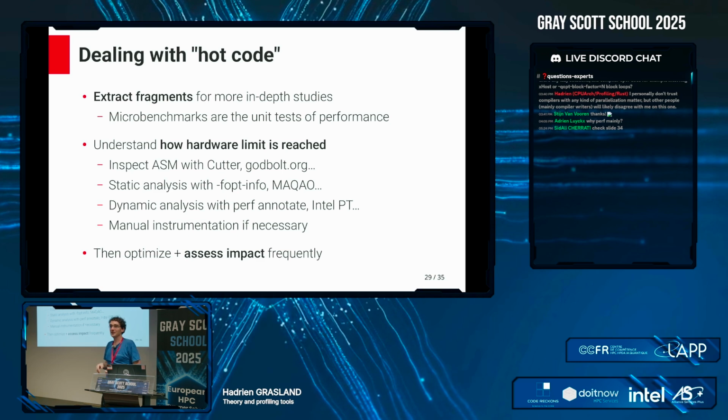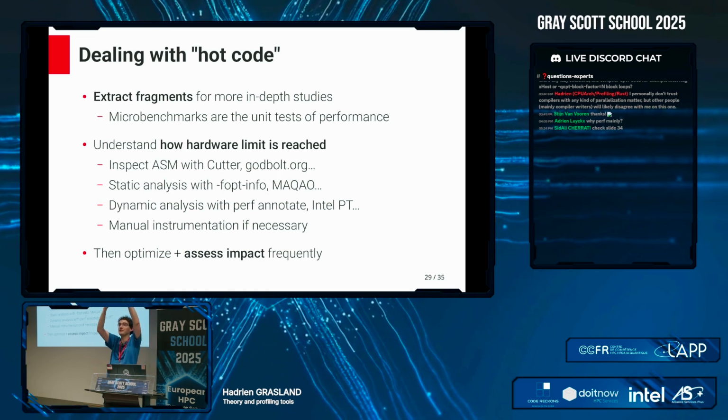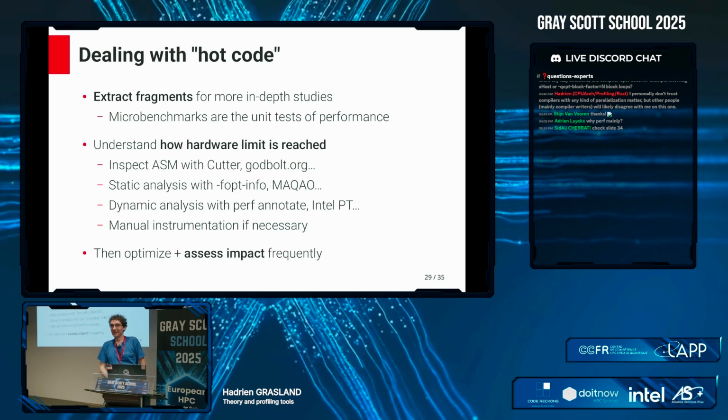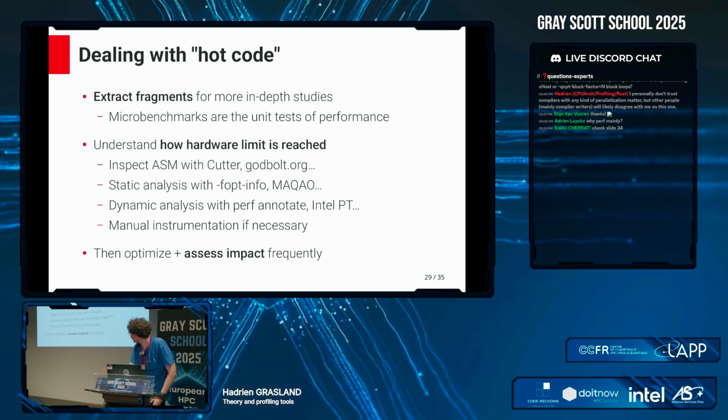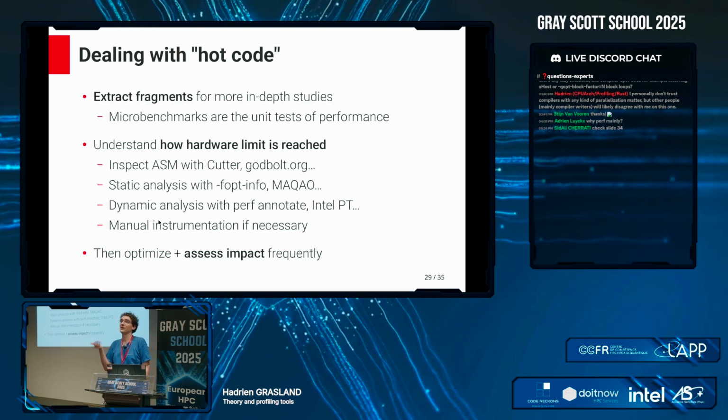Intel PT, which is an absurdly powerful hardware feature that allows you to record a detailed trace of every single instruction that was executed by your program and at which time this instruction was executed. And if all else fails, you can always add some print statements or whatever to your program to record additional data.